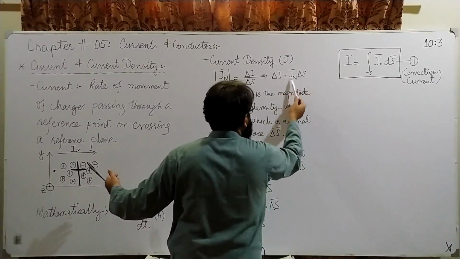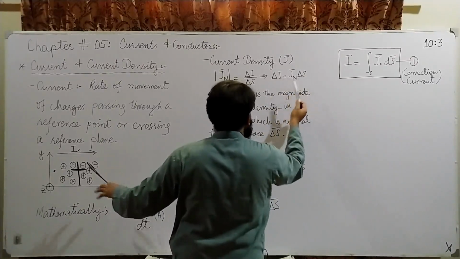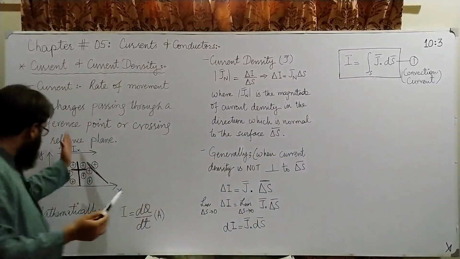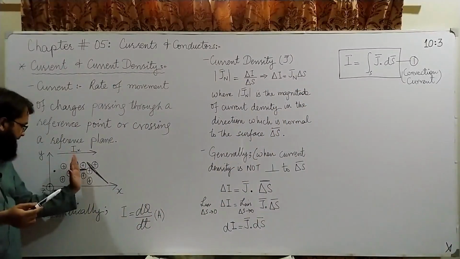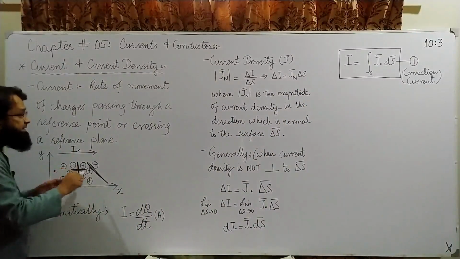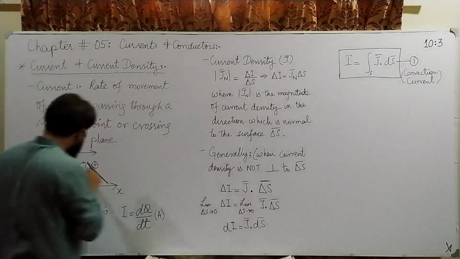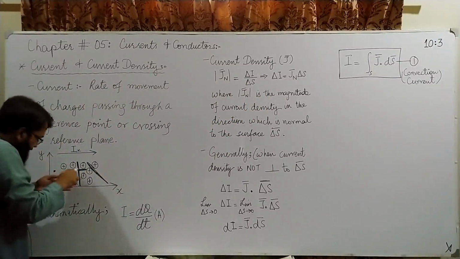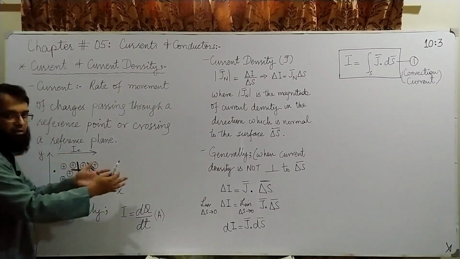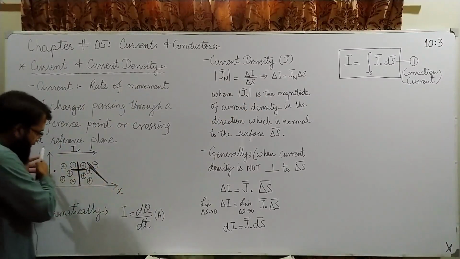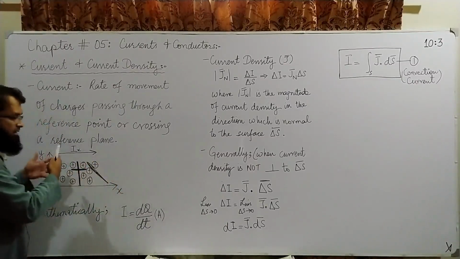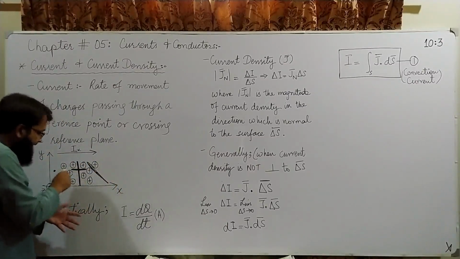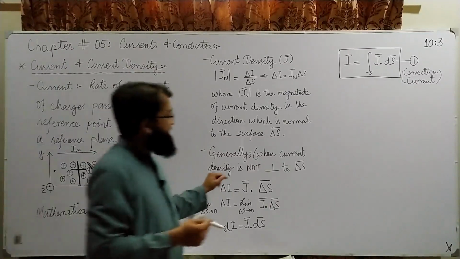But since the orientation of the current density is such that, with respect to the plane of observation, there is net 0 current here, no current is flowing through this plane. That does not mean that charge is not moving. So the movement of charges is not associated with current, rather it is associated with current density.